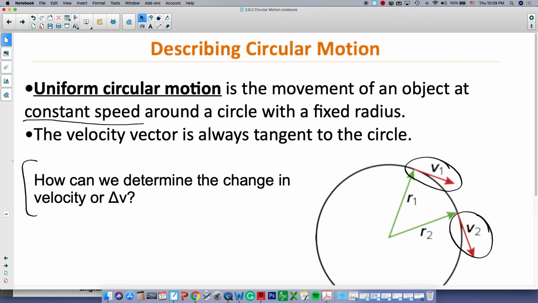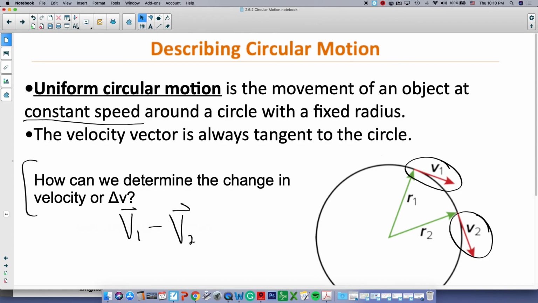If you said, well, change is difference, so we can just subtract the vectors, so it'd be V1 minus V2. And if you had an angle, you could find your components and subtract the components to see what your resulting vector is.